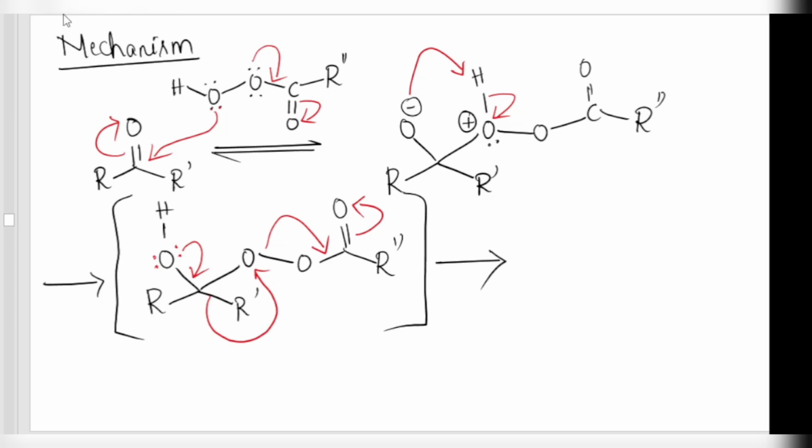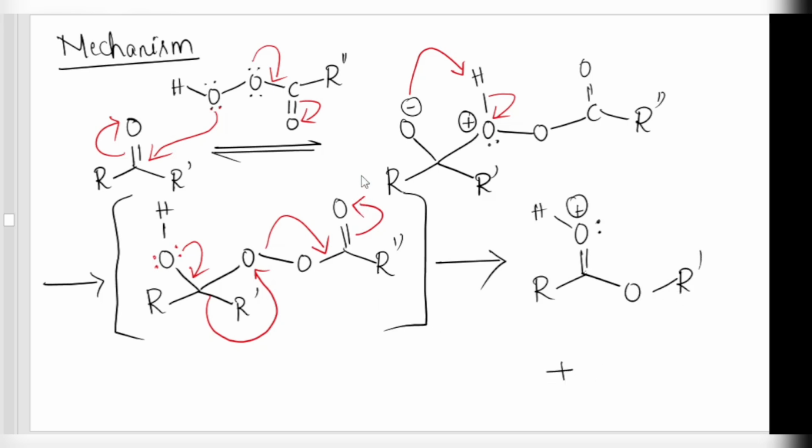Finally we will get here R, and here R double bond O and hydrogen. One positive charge is there, one lone pair. Then further it is attached to oxygen and R prime.